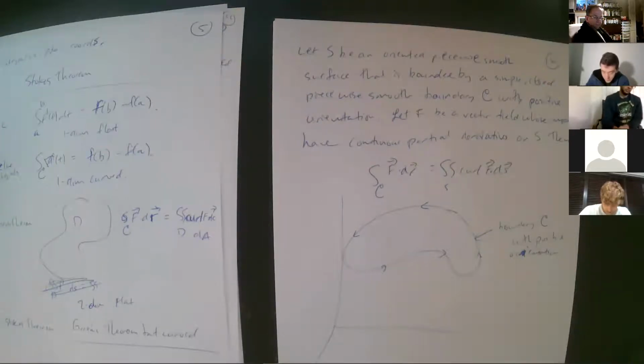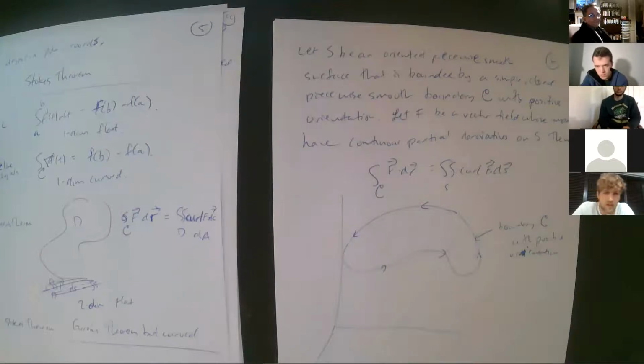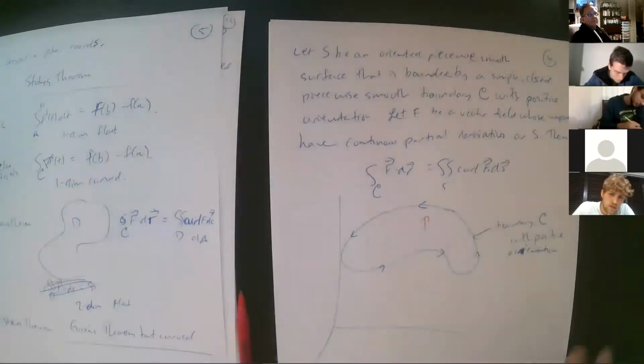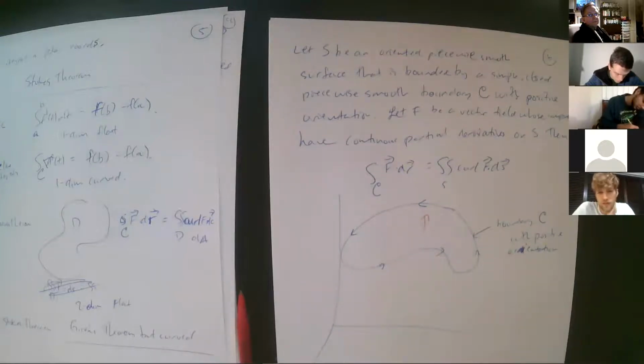So S also needs to be oriented a certain way, right? Which way should S point here? What is positive in this case? Normal, opposite to the surface. Yes, the orientation of my surface should go up. That's positive, right? We're going to stick to the right-hand rule.